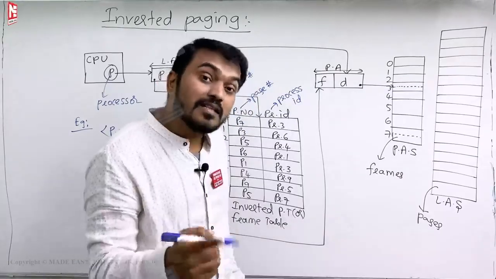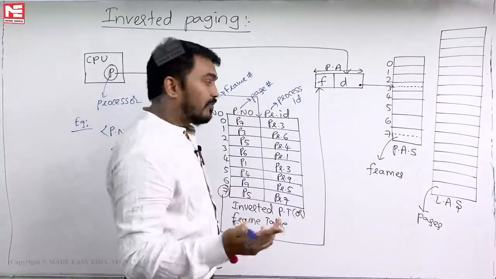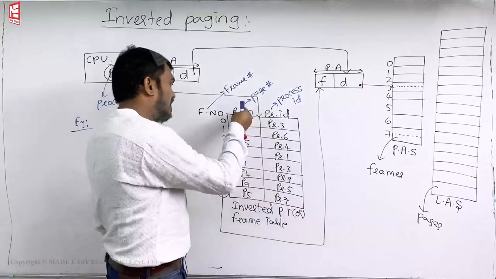Memory required to maintain the page tables of the processes will be less. But the searching time for the corresponding page of a process will be what? More. Searching time will be more because all the pages of all the processes are in one page table.